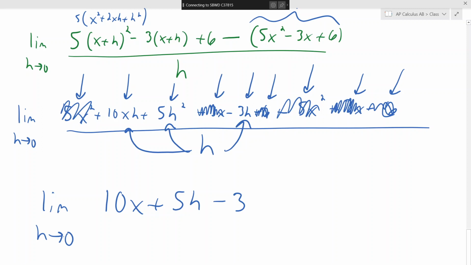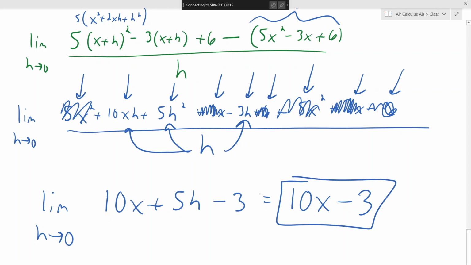Aha. Okay? We divided an h out of all that junk. And if h is approaching 0, then 5h is approaching 0. So this is just 10x minus 3.